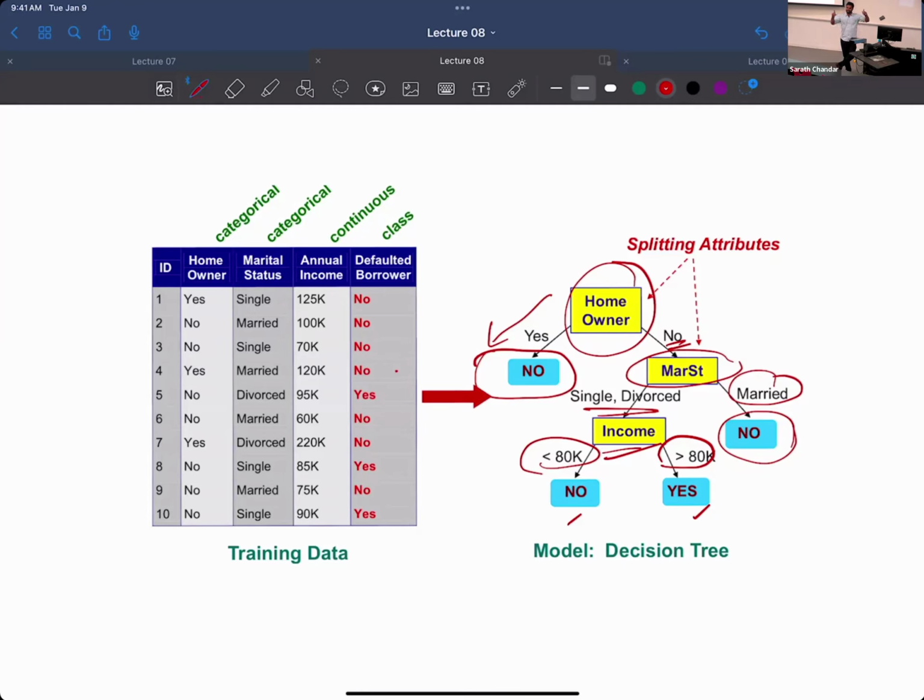It says, let's consider all the tests and find the one which maximizes this metric. That is my first test, first node.